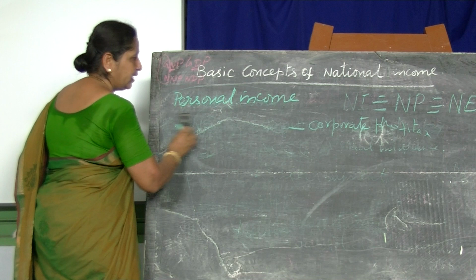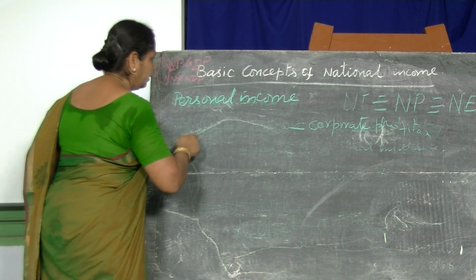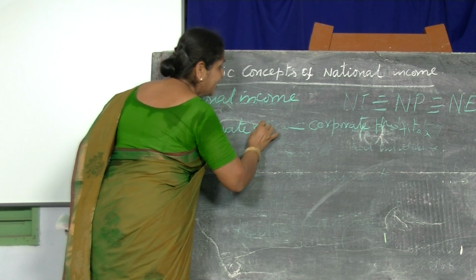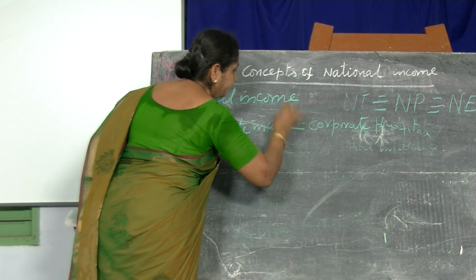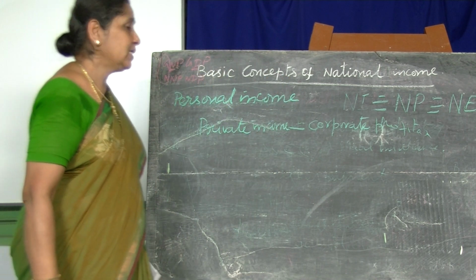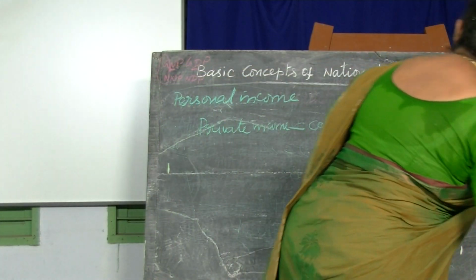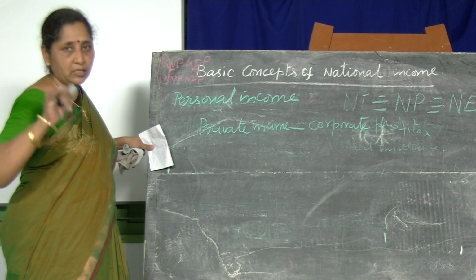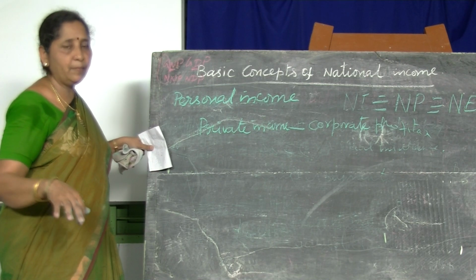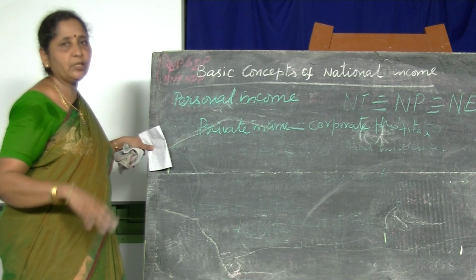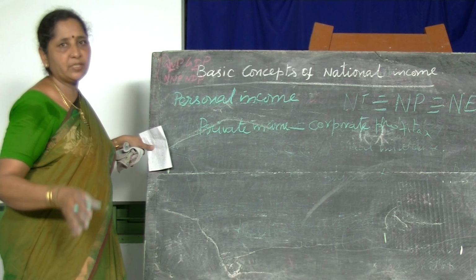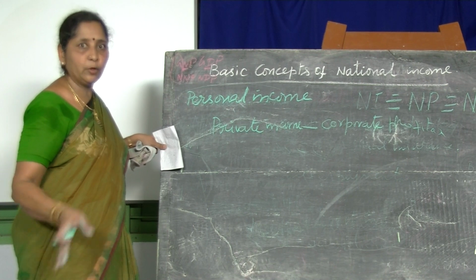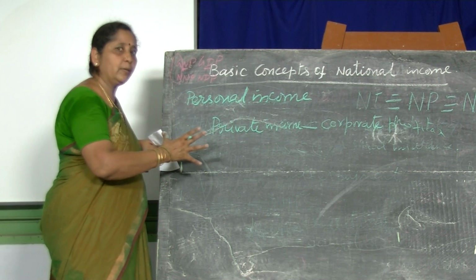Instead of NNP at factor cost, it can be private income, so that you can easily remember it by heart. Private income minus corporate profit tax, because already we have worked out the private income. What is private income? NNP at factor cost or national income minus social security contribution plus transfer payment plus gifts plus interest on national debt plus windfall gains. All these are added up to get private income. So we have acquired the private income.